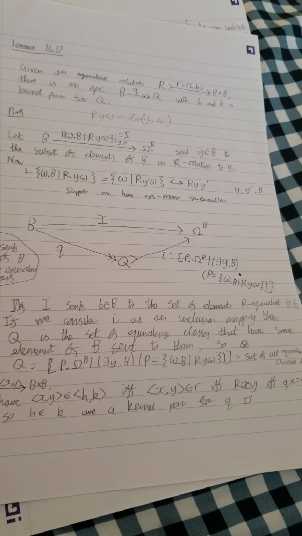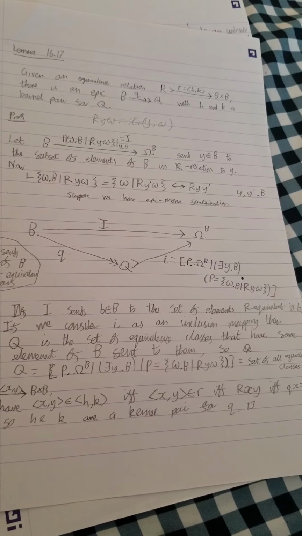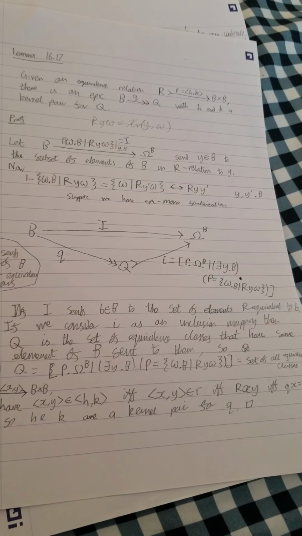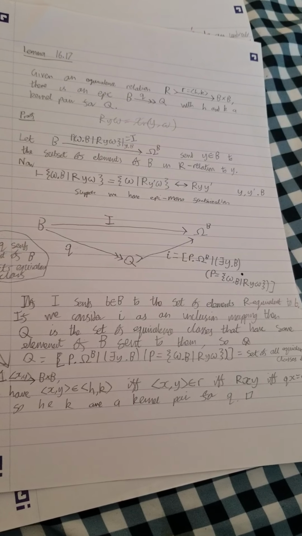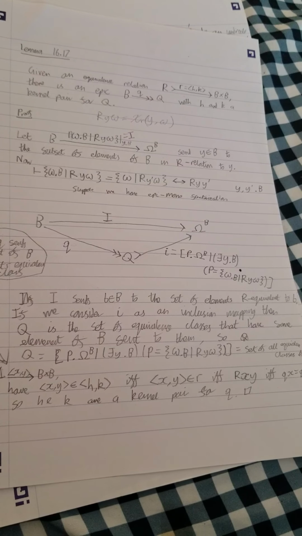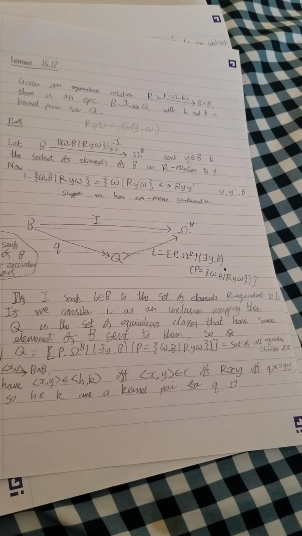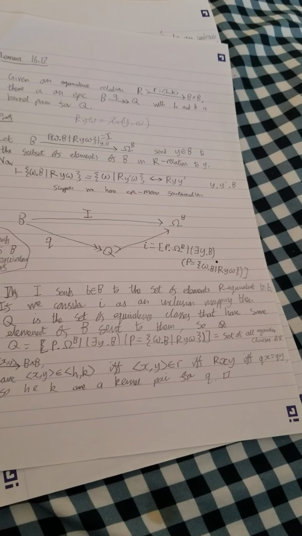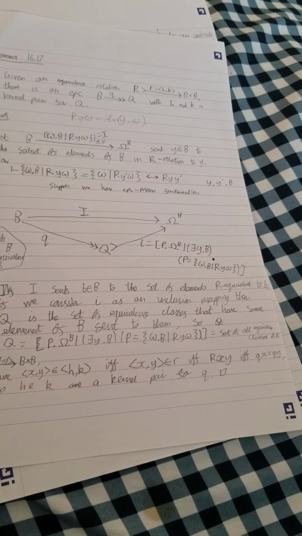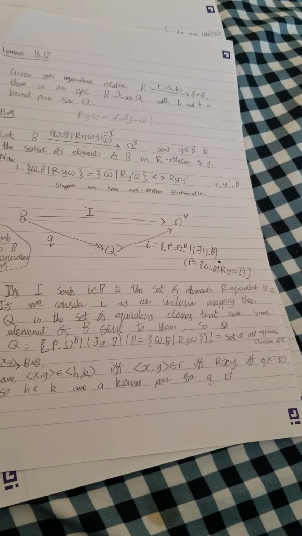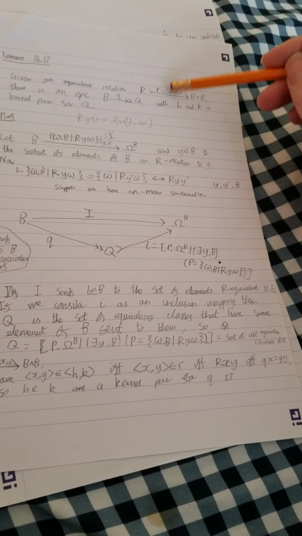So then what we want to do is argue that this little Q here is going to have H comma K as its kernel pair. And here we're supposing that we can write this equivalence relation R as H comma K.